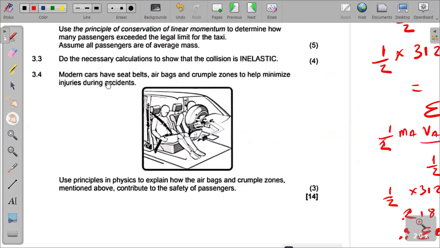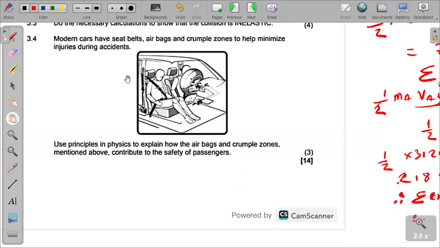Right, 3.4. Modern cars have seat belts, airbags, and crumple zones to help minimize injuries during an accident. The features mentioned above contribute to the safety of passengers. We are using the equation F net is equal to the change in momentum over the change in time. We can still refer to that.